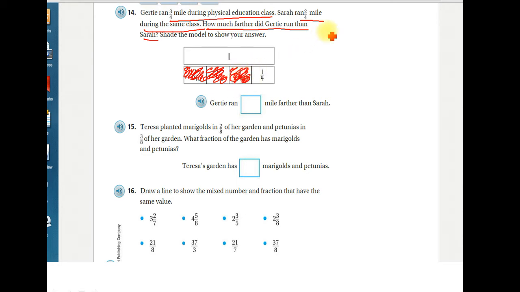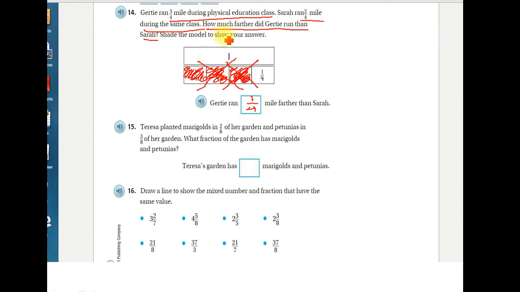And then Sarah ran 2/4, so to show that we're taking away, we're going to X out 2 of those fourths. So X out that fourth, there's 1/4, and X out that fourth, there's 2/4. So what is left? The only one that hasn't been X'd out and is still shaded in is 1/4. So Gertie ran 1/4 of a mile further than Sarah.